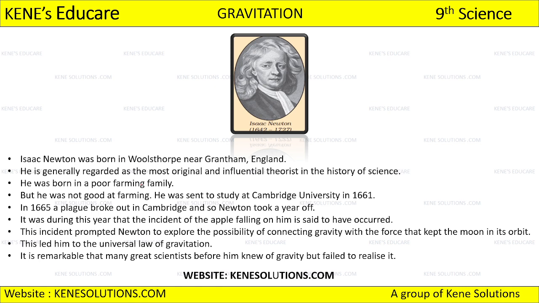This incident prompted Newton to explore the possibility of connecting gravity with the force that kept the moon in its orbit, the reason the moon is always in its orbit and not falling down.